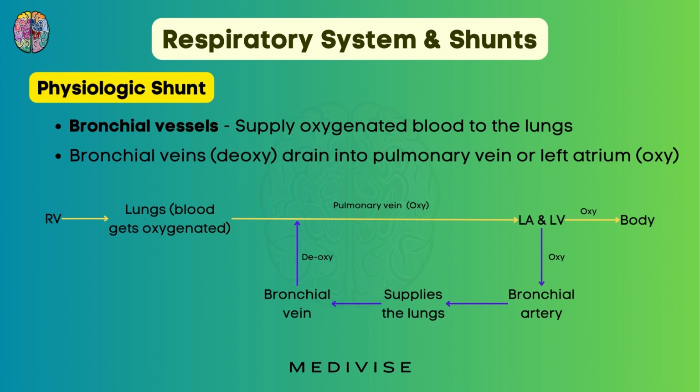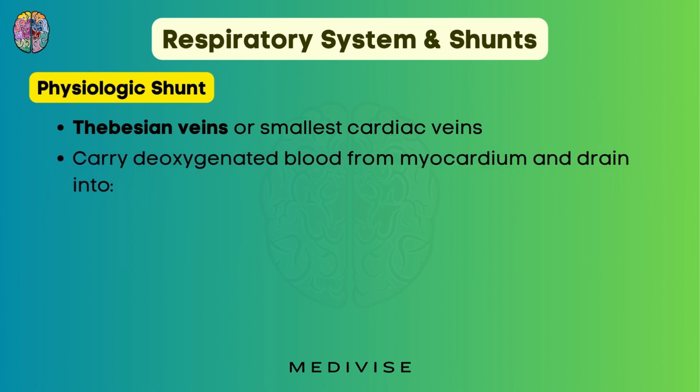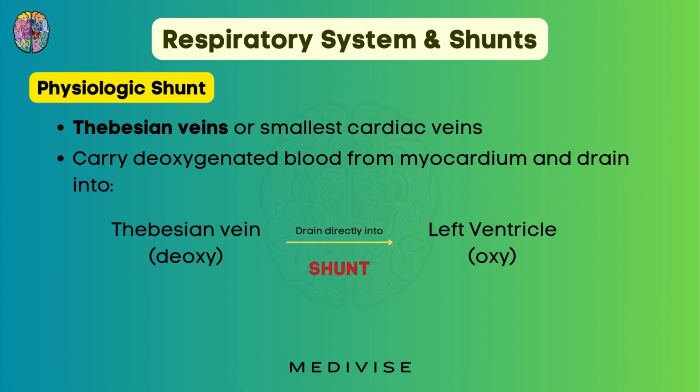Another example is the Thebesian veins, also known as the smallest cardiac veins. These carry the deoxygenated blood from the myocardium and drain into the left ventricle. Here also you can see that the veins which have deoxygenated blood are draining directly into the left ventricle, which has oxygenated blood. So again there is a shunt.